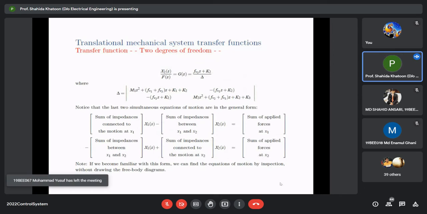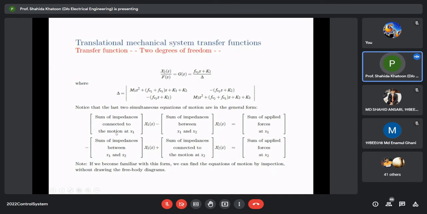So if you try to write the transfer function X2(s) upon F(s), you can write it down with the help of this equation: FV3 s plus K2 upon determinant delta. So determinant delta is given by this. The last two simultaneous equations of motion in general form can be written like this.